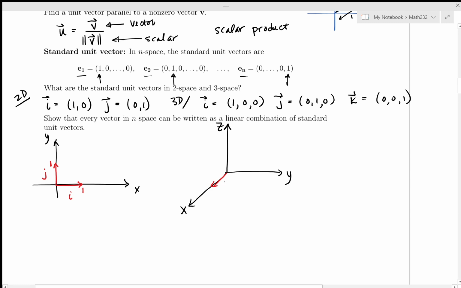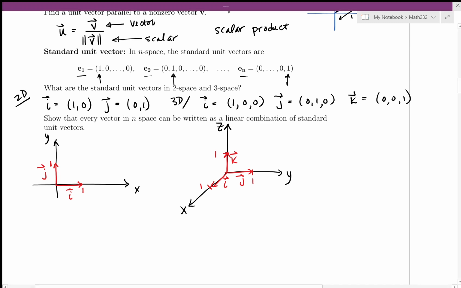This would be i, this one here will be j, and this one here will be k. Again, these are vectors, and this point here is 1, this point here is 1, and this point here is 1.